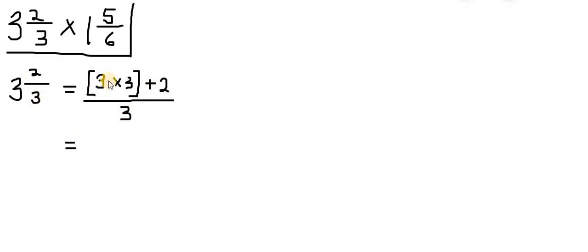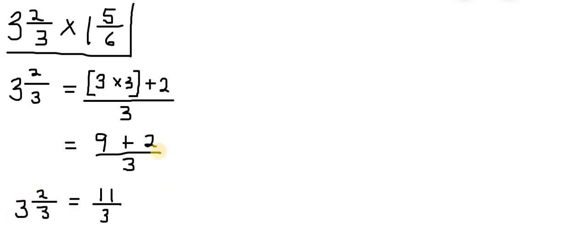So 3 times 3 in the bracket, that's 9, so we can drop the bracket, plus 2 over 3. So now, that's 9 plus 2, 11 over 3. So 3 2 over 3 as an improper fraction is 11 over 3. Now, 1 5 over 6, the same thing. Whole number times bottom number.